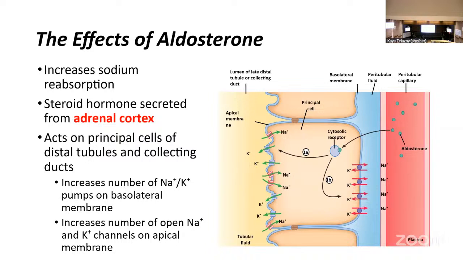So what happens is we have a steroid hormone that's coming from your adrenal glands, specifically from the cortex part, so the outside part. So we saw that the adrenal gland, the inner part, was kind of linked to our sympathetic nervous system, was producing lots of epinephrine, a little bit of norepinephrine. Adrenal cortex, one of the things it's doing now for us is making aldosterone.